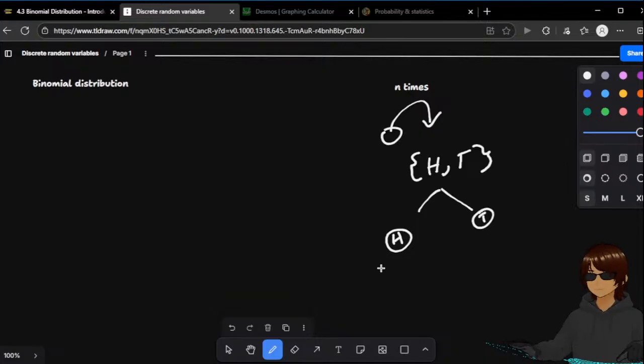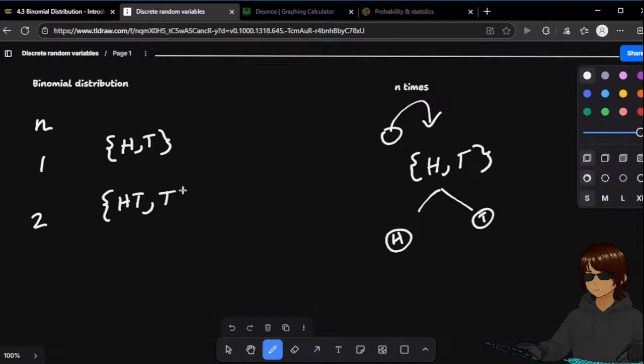So if n was 1, then you can have head or tail. N is 2, you can have head tail or tail head.